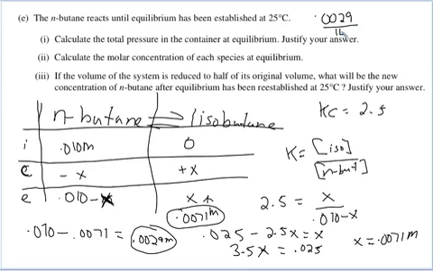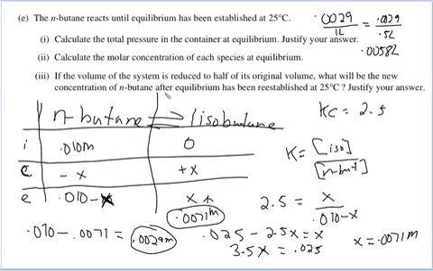If we cut the volume in half, that's 0.0029 divided by 0.5 liters, which equals 0.0058. Since this ratio is 1 to 1, changing the volume will not require a shift in equilibrium, so cutting the volume in half will just double the concentration. That's what we ended up with there.